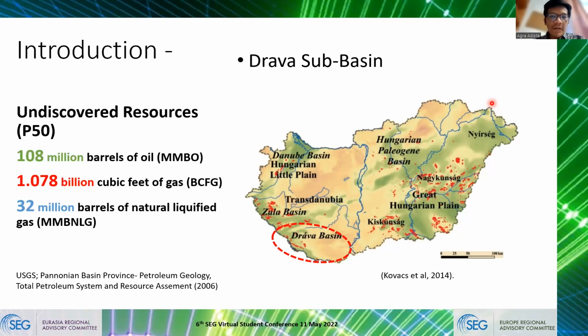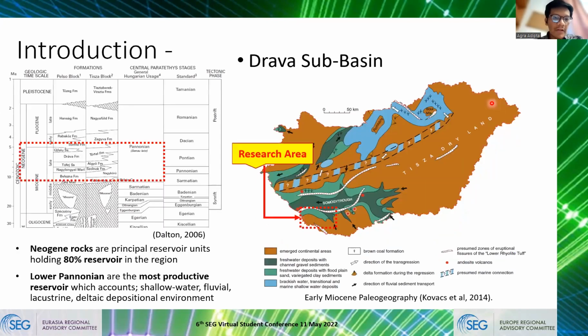Coming to the geological context of the Drava Basin, the Neogene rocks at the research location are the principal reservoir units, consisting of approximately 80% of the reservoirs in the region, and the Lower Pannonian is known as the productive reservoir, with a shallow water, fluvial deltaic, and lacustrine depositional environment.